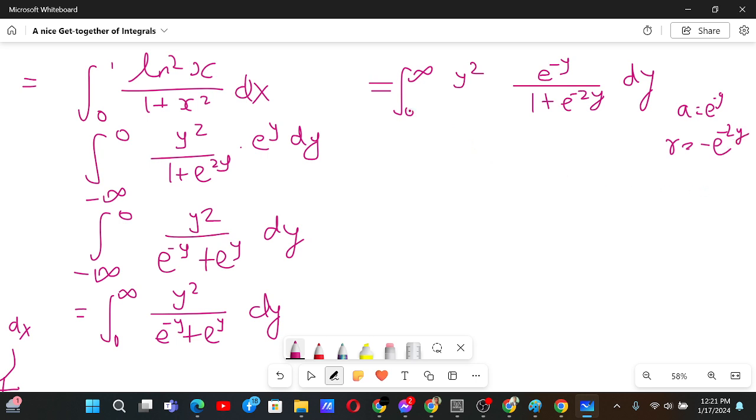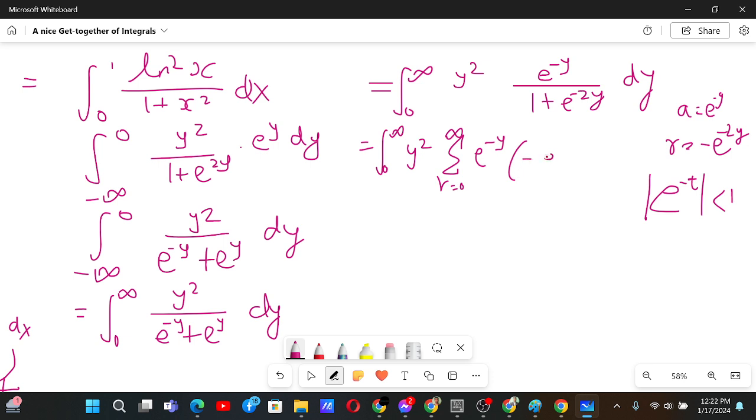And for numbers going from 0 to infinity, e to the power minus t, the modulus of this is always less than 1. So this is an infinite geometric series with common ratio less than 1. So we can use that fact, and we will have the sum going from r equals 0 to infinity of e to the power minus y times minus e to the power minus 2y to the power r dy.